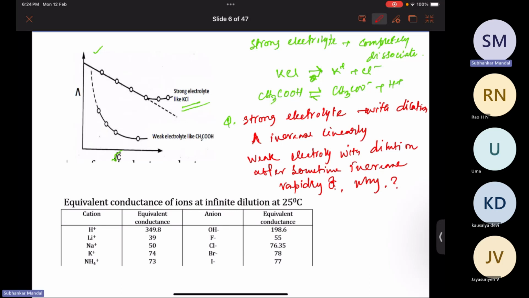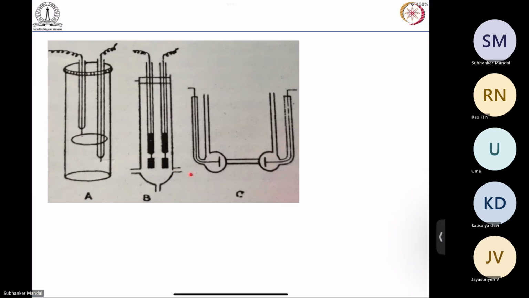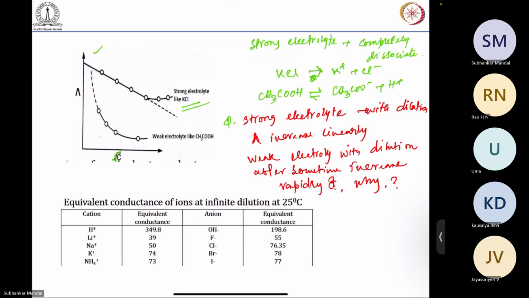I don't know why it is echoing. Can you tell again?